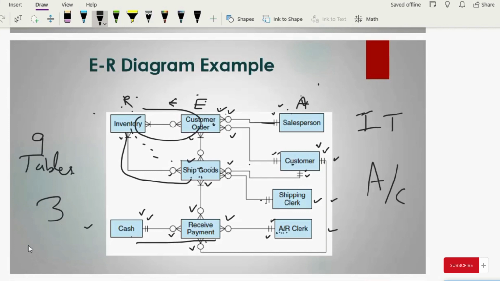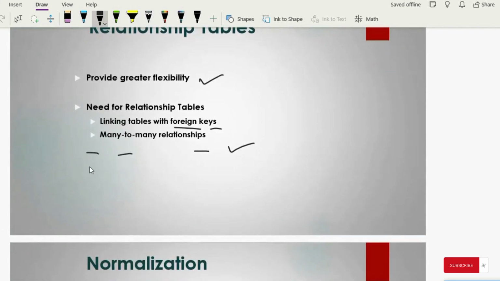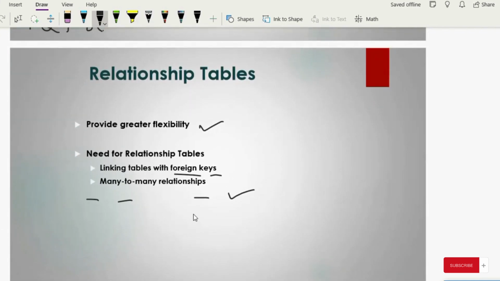So altogether we need 12 tables to generate the many-to-many relationship, and we can have multiple working in the database if we generate such relationships. So this understanding is very important, not only from the IT personnel's perspective but also for the accountants, so that they can help in creating a proper database which is required by the organization.